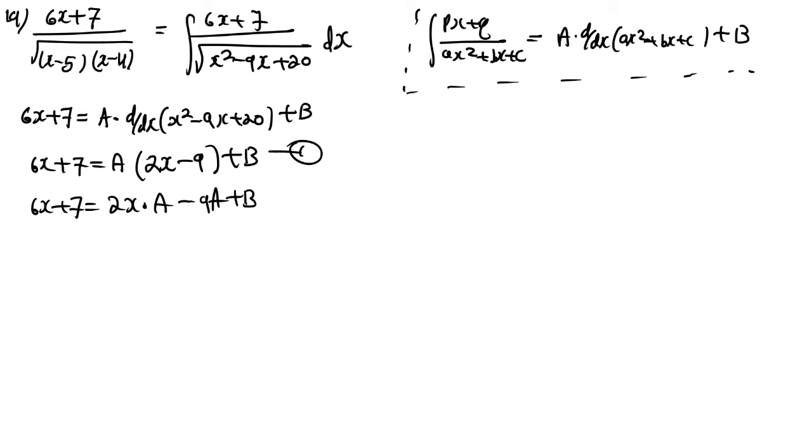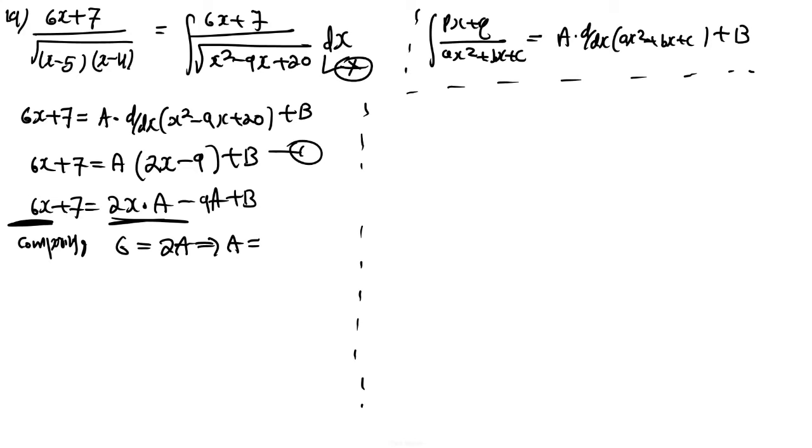Comparing, first compare coefficients of x, that means the term with x. 6 is equal to 2a. This implies a value is equal to 6 by 2, so a value is equal to 3. Then comparing the constant term, 7 is equal to minus 9a plus b.